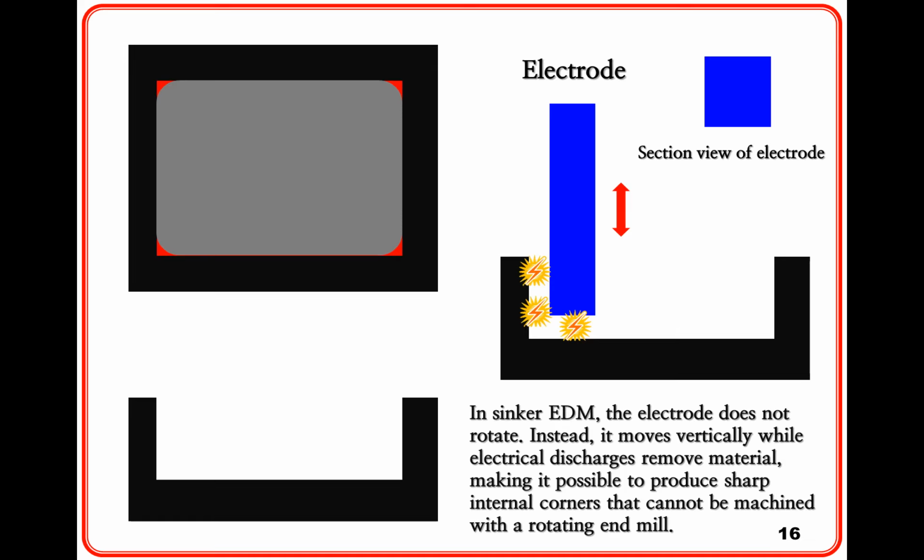This increases the number of free electrons. The closer they move toward the positive electrode, the more rapidly their numbers increase. This phenomenon is called an electron avalanche. The resulting breakdown of the insulating medium produces an electrical discharge, and a large amount of heat is generated during this process.